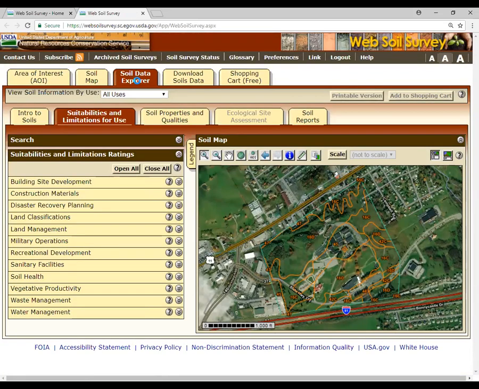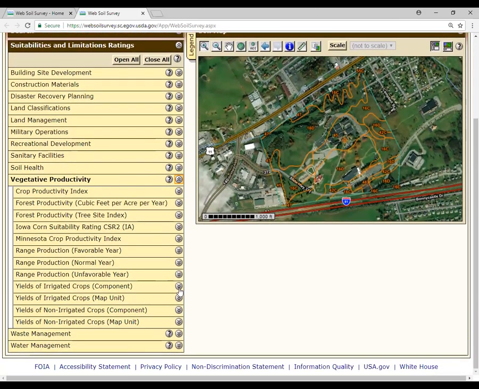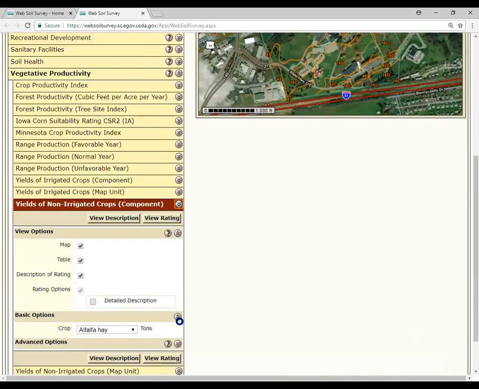There are different things that we can look at. For instance, we can look at recreational development, construction materials, waste and water management, vegetative productivity. So we can look at, let's just say, yields of non-irrigated crops. Oh, can't run that. Yields of non-irrigated crops by component.